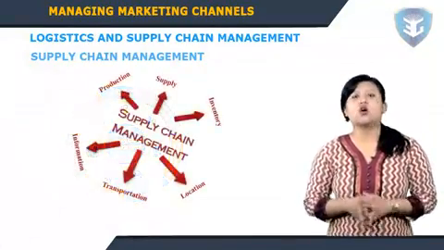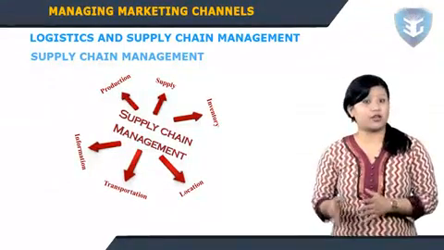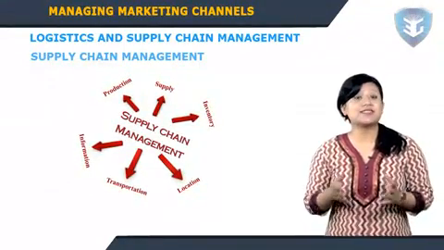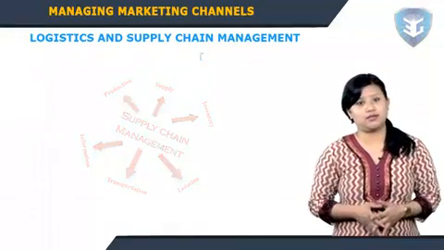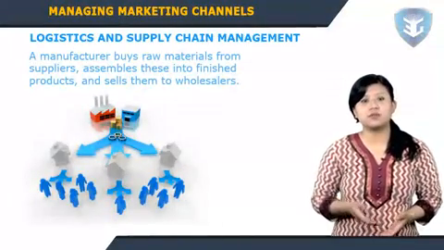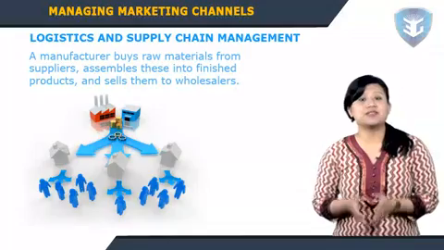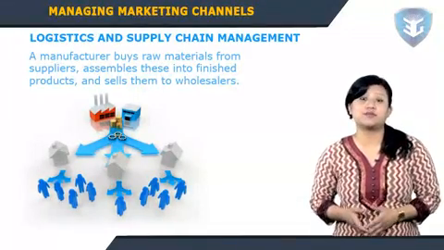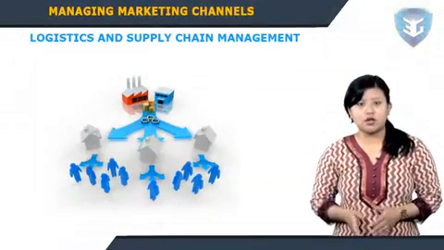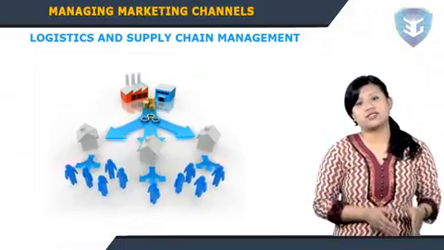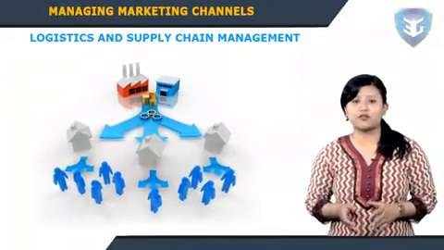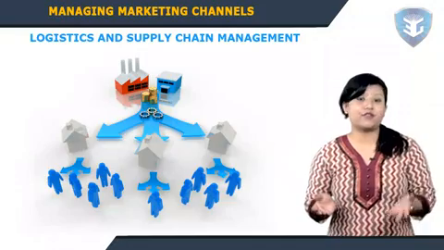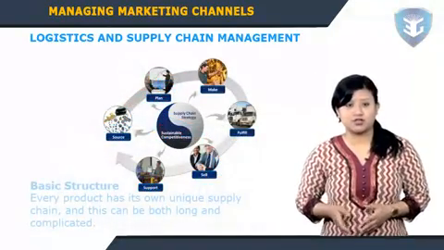For instance, a wholesaler acts as a customer when buying goods from manufacturers and then as a supplier when selling goods to the retailers. A manufacturer buys raw materials from suppliers, assembles these into finished products and sells them to the wholesalers. As a result, most products move through a series of organizations as they travel between original suppliers and the final customers.